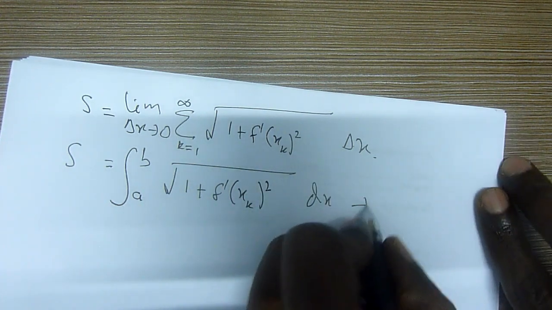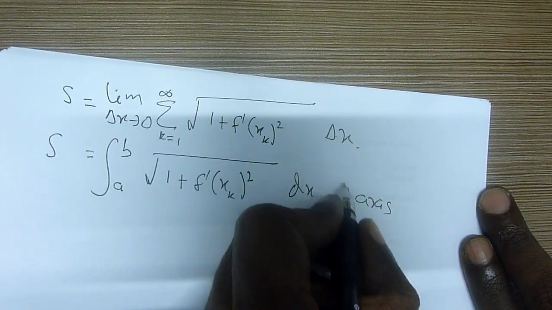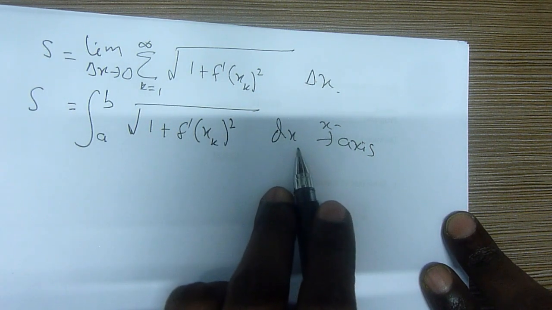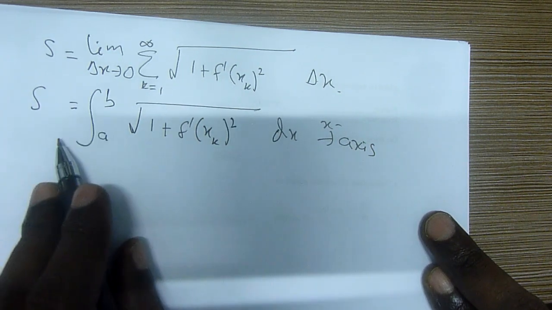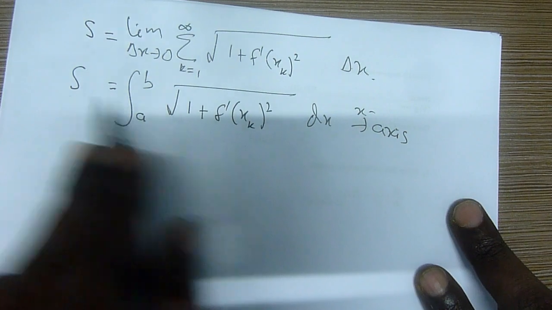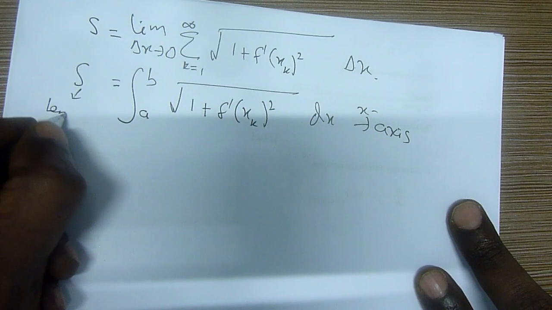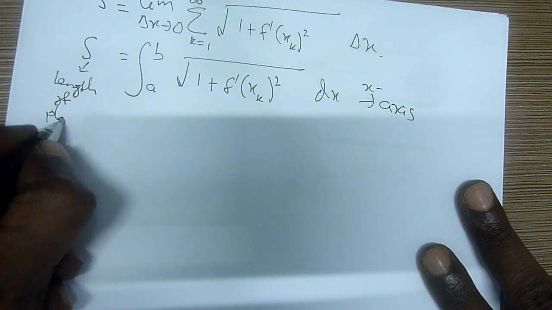This is for the x-axis, okay, we are calculating based on the x-axis, right? Therefore, now we have found the integration for s. The s is the length of the plane curve.